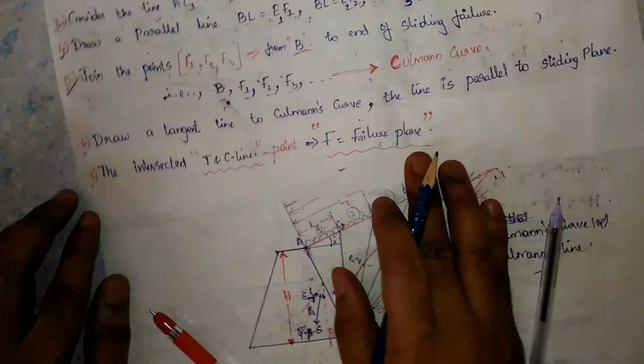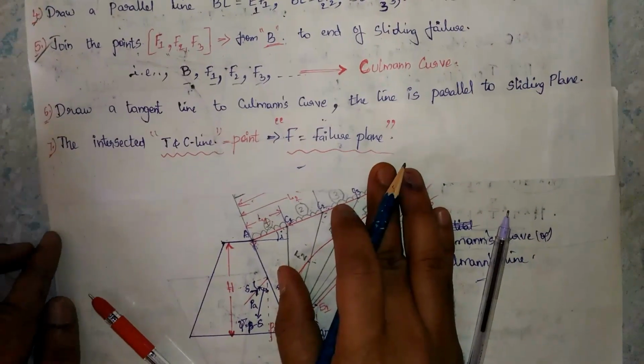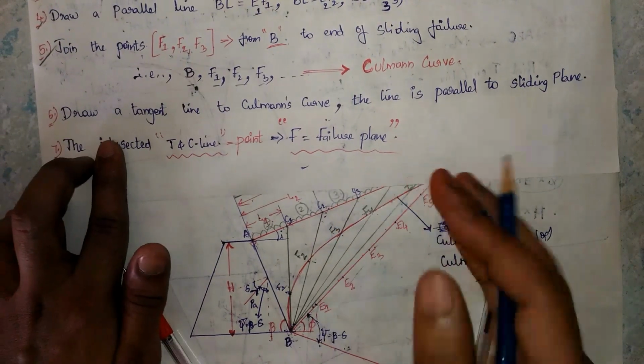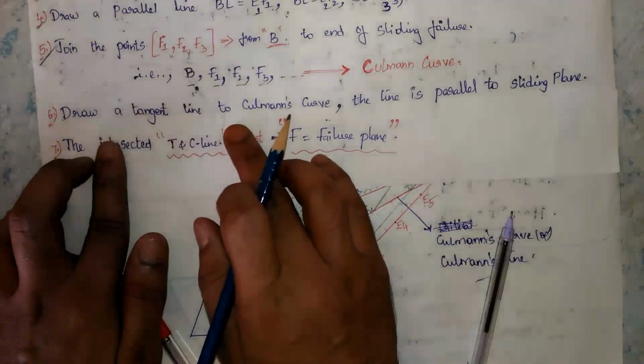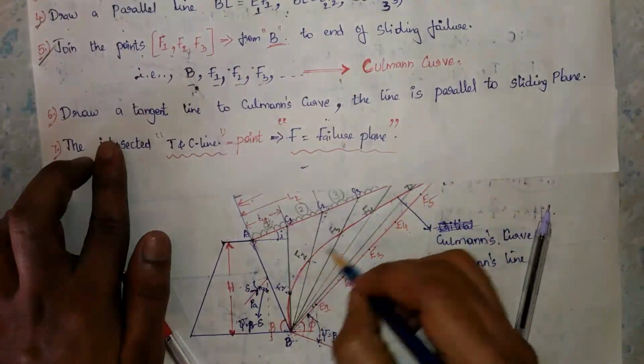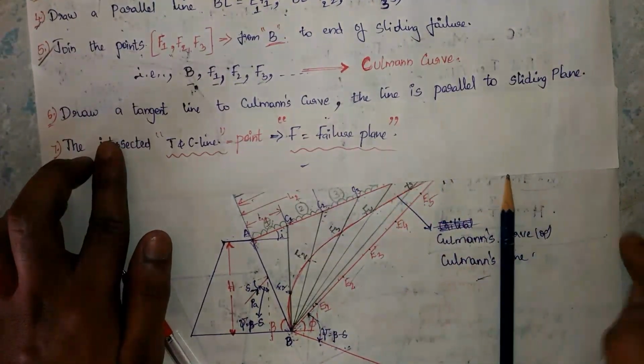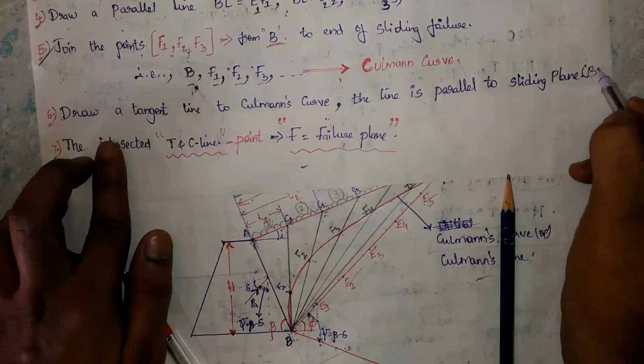And the last but one point is to draw a tangent line to the Culmann curve. So draw a tangent line to this Culmann curve. The line is parallel to the sliding plane, which is BD.